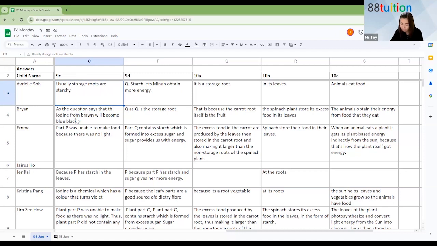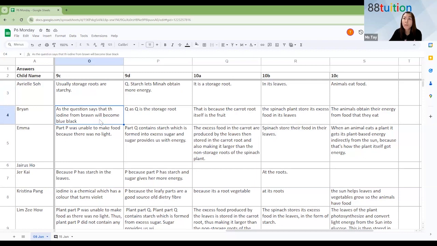All right. Then Brian says, as the question says that the iodine from brown will become blue-black. You are not exactly answering the question also. Number one, you did not select the part. Right, Brian? Did you select part P or Q? You didn't. Then why would you ask her to eat that part to get energy?